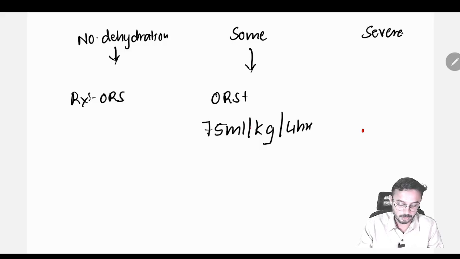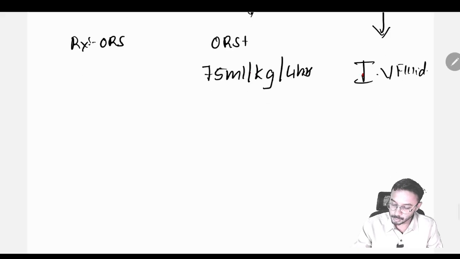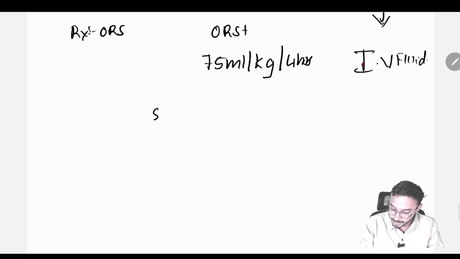So in severe dehydration, IV fluid, that is RL, is given. In severe dehydration, this is very important. I am giving 100 ml per kg.